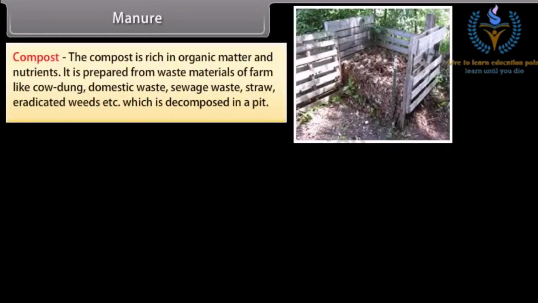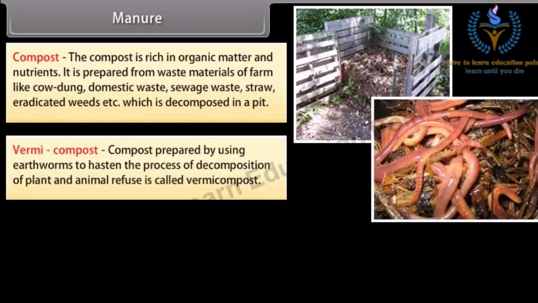Compost. The compost is rich in organic matter and nutrients. It is prepared from waste materials of farm like cow dung, domestic waste, sewage waste, straw, eradicated weeds, etc., which is decomposed in a pit. Vermicompost.